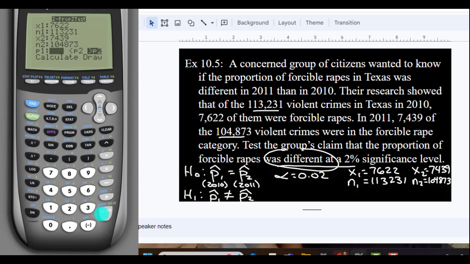And our P1 is supposed to be not equal to P2 according to the claim. That's what they're trying to test anyway. So we'll go down to calculate and hit enter.